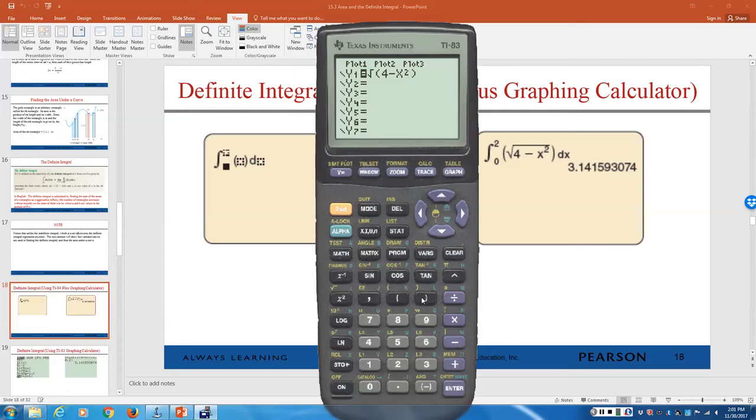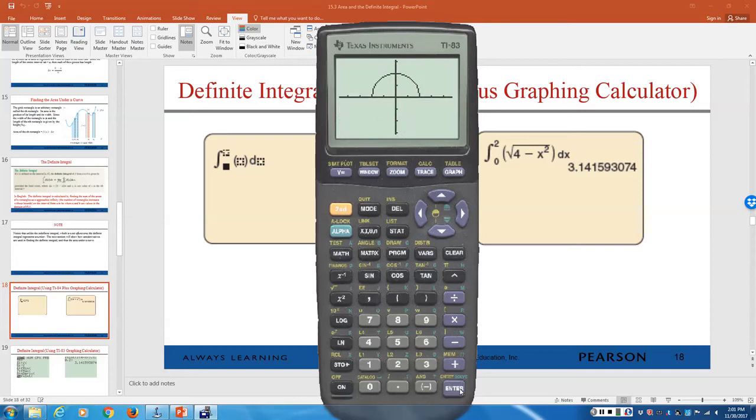You don't have to put in the integral and the dx right now because we're entering just the rate of change formula. And since we know that circle's only going to have a radius of 2, I'm going to choose the zoom window and go to number 4, zoom decimal.